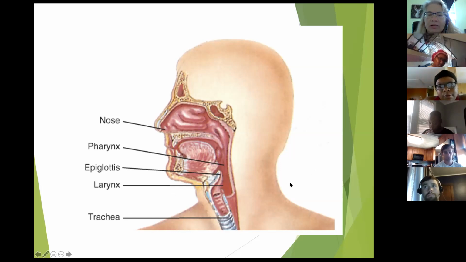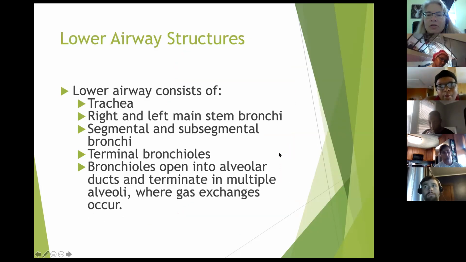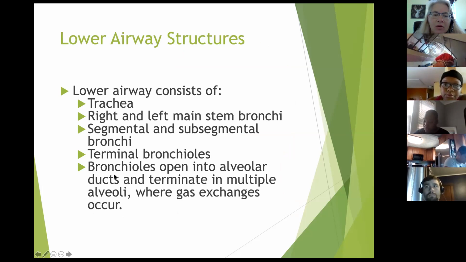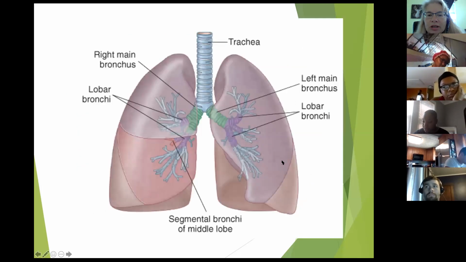part of the trachea. So then we have the lower. The lower airway structures include more of the rest of the trachea, your main stem bronchi, which then divide out into your bronchioles, and the bronchioles then become your alveoli, where your gas exchange actually occurs, which looks like this.